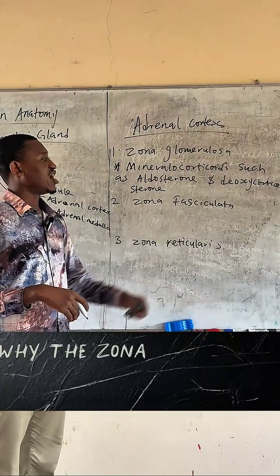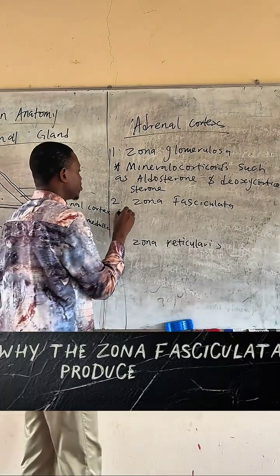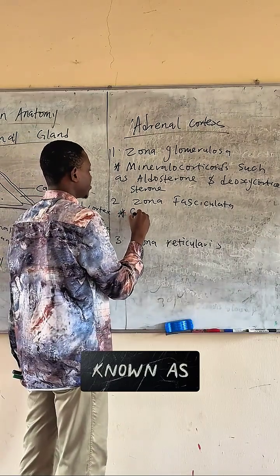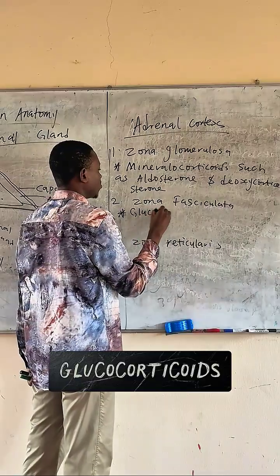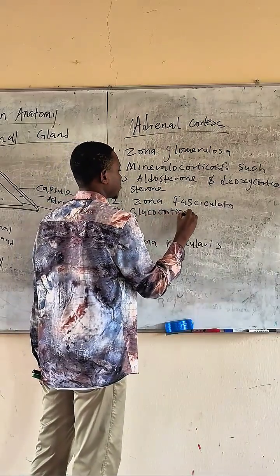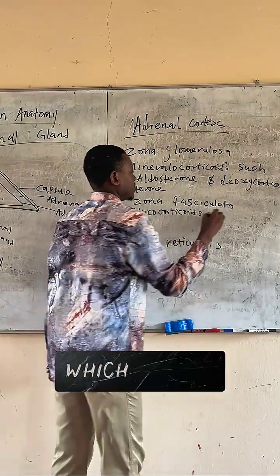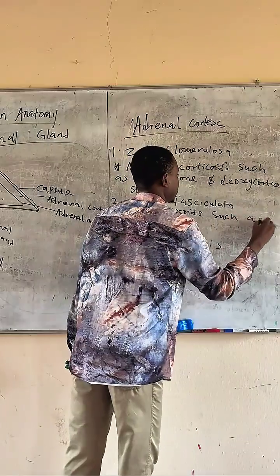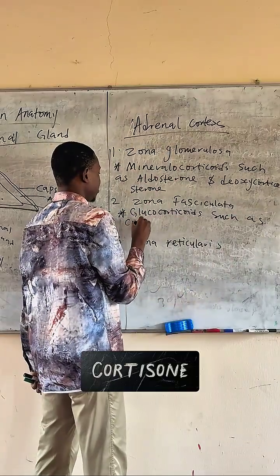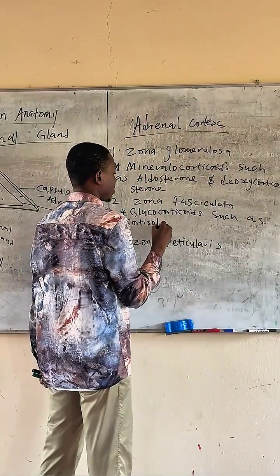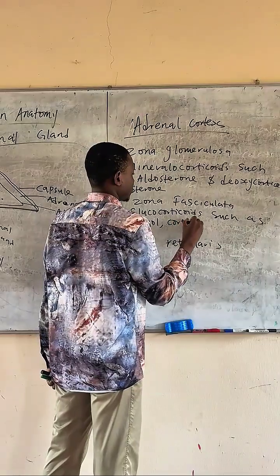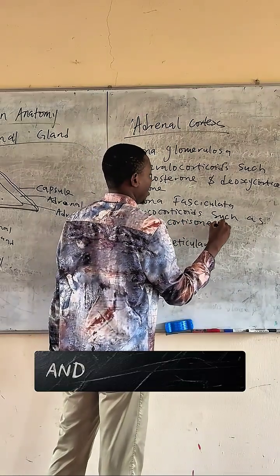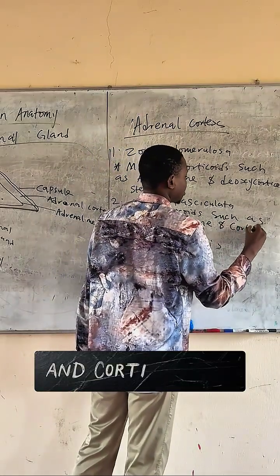While the zona fasciculata produces a group of hormones known as glucocorticoids, which include cortisol, cortisone, and corticosterone.